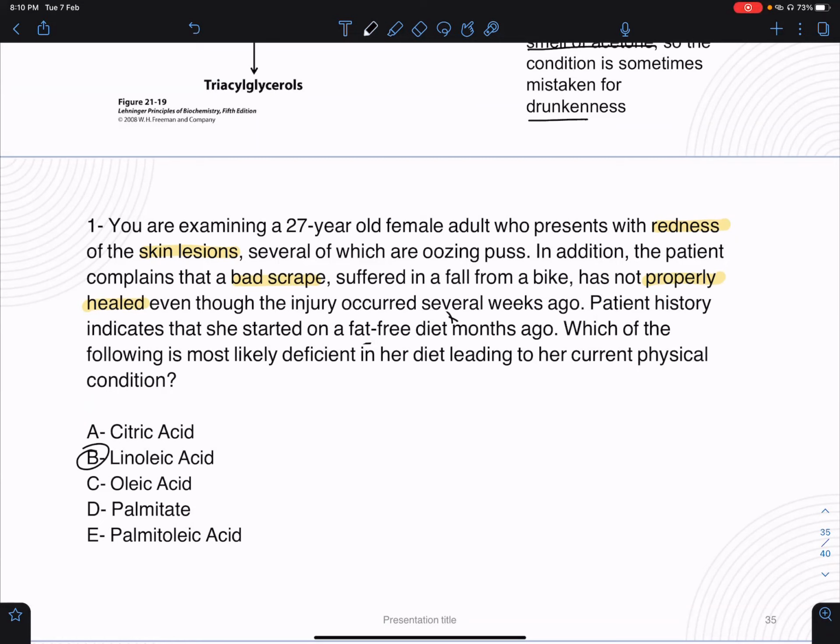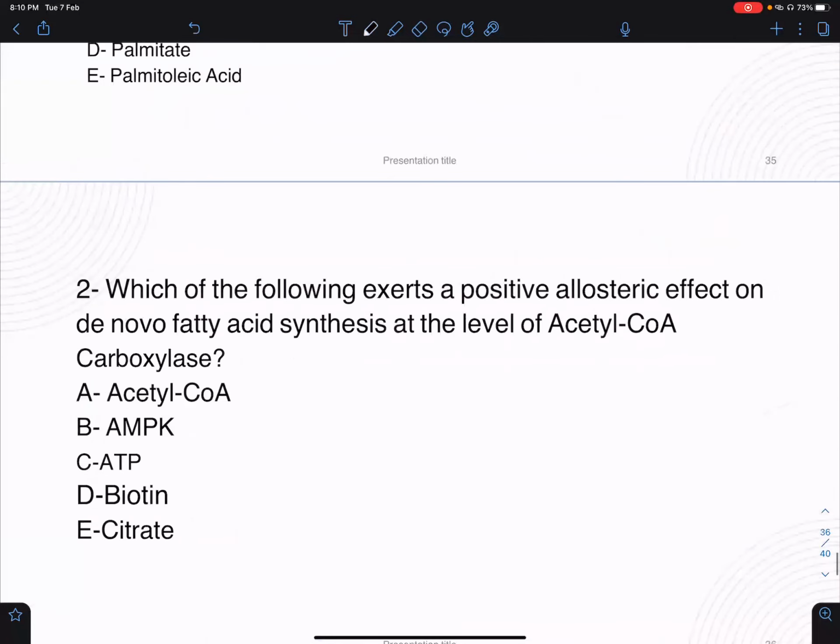Okay, so the next question: which of the following exerts a positive allosteric effect at the level of acetyl-CoA carboxylase? Remember the most powerful activator, which we mentioned. Who has an answer? Citrate.